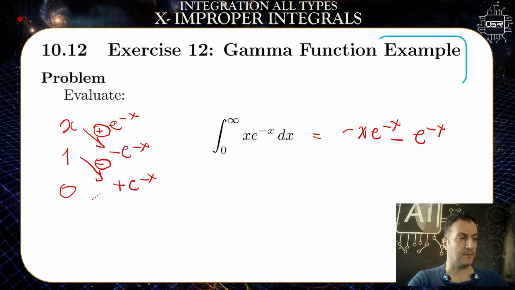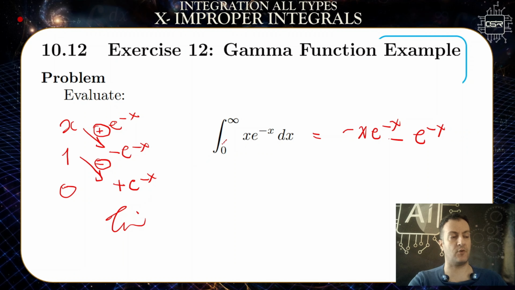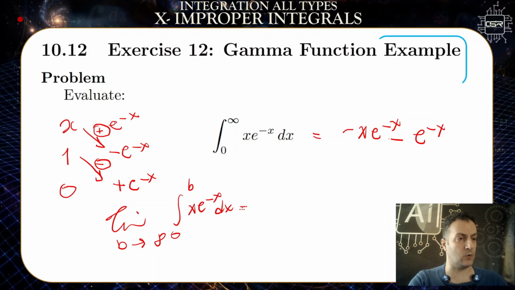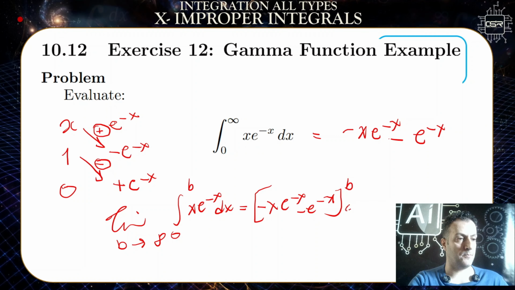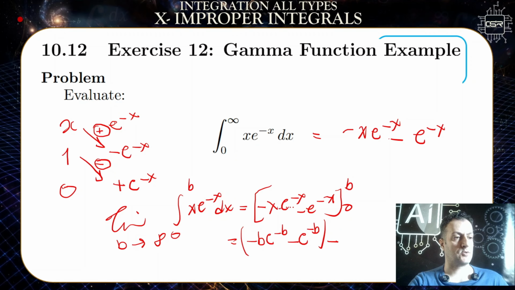Now to solve it, this is equal to the limit, since you have infinity here, of b approaching infinity, integral from 0 to b of x e^(-x) dx equal minus x e^(-x) minus e^(-x) between b and 0, which is minus b e^(-b) minus e^(-b) minus, okay, so here you have 0 times e^(-0). e^0 is 1, but 0, the first component, minus e^(-0), which is minus 1.